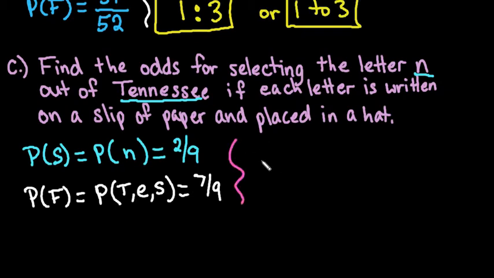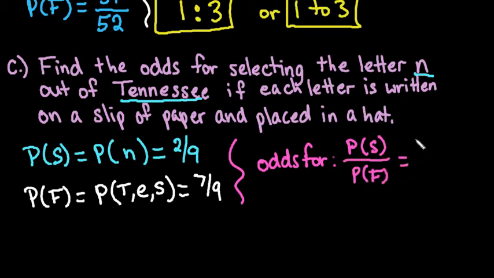Then to find the odds, again we're looking for the odds for and not the odds against. So we would take our probability of success, divide it by our probability of failure, and we can see that it's 2 out of 9 over 7 out of 9, and like always our 9s will cancel out.